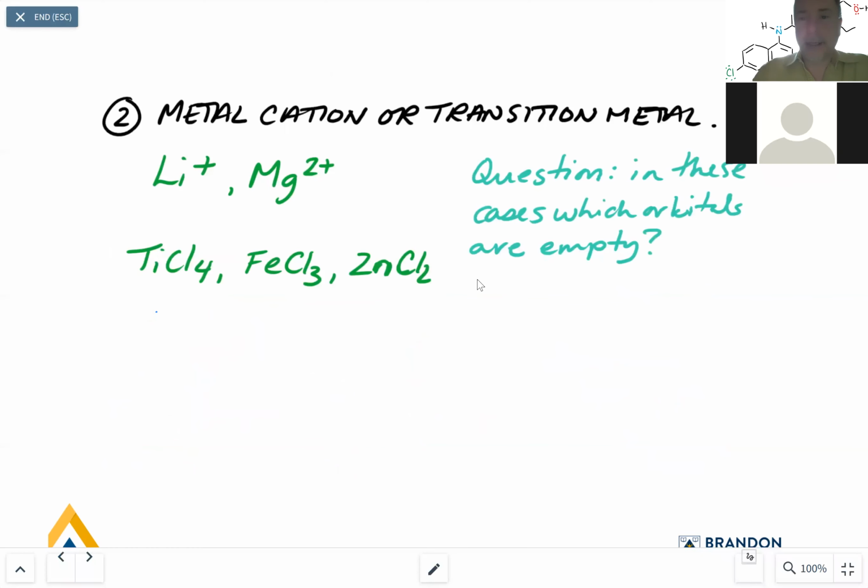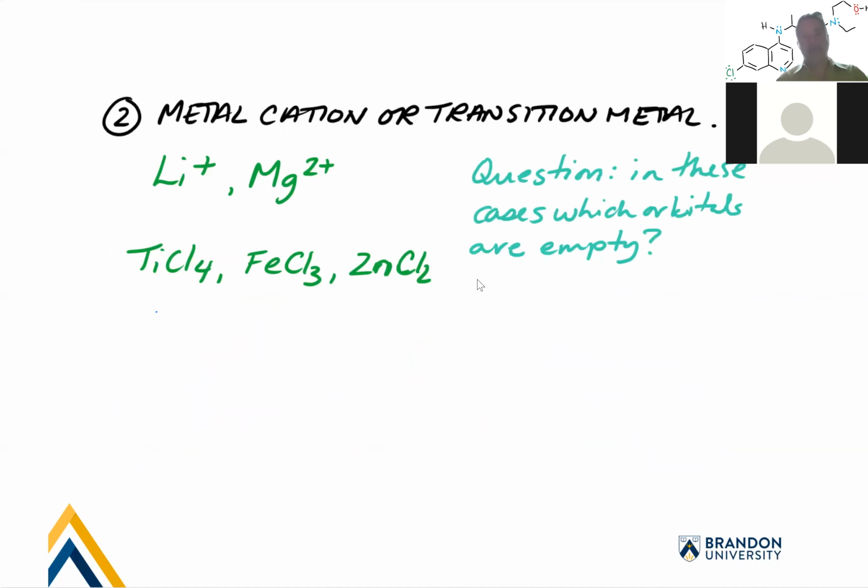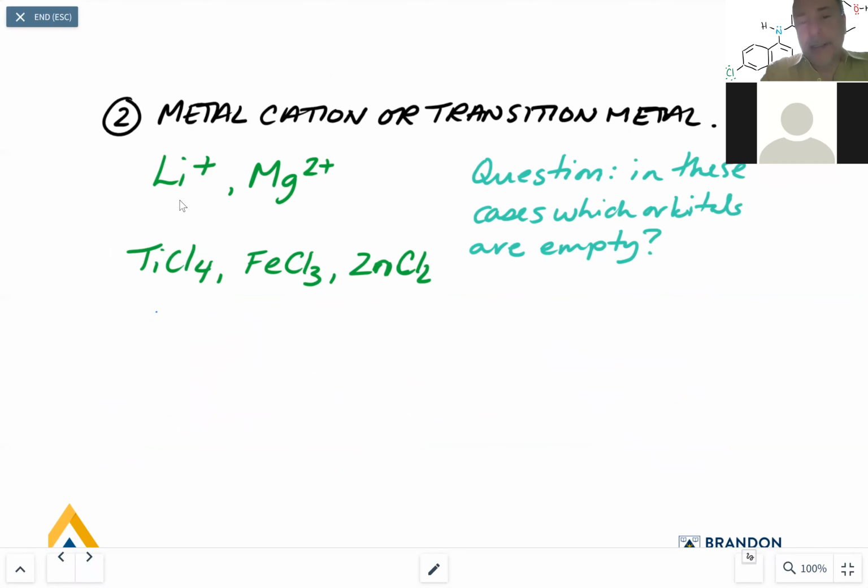The next class would be just a metal cation or a transition metal. For lithium plus and magnesium 2 plus, what's the orbital that is empty and low in energy which could be used there? Let me draw something.